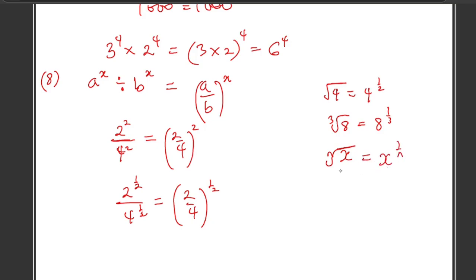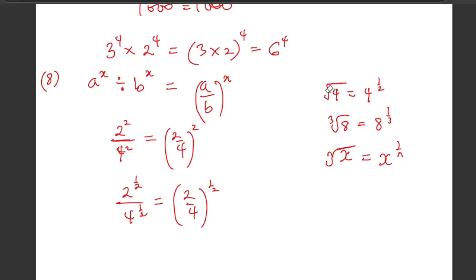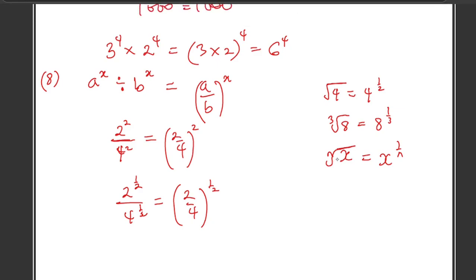You just take this n that is here. Note that 2 is there for square root, but it is usually omitted. For cube root and higher roots, you can see 3 there, you can see 4 there. So if you have the fourth root of x, it simply means x to the power 1 over 4.